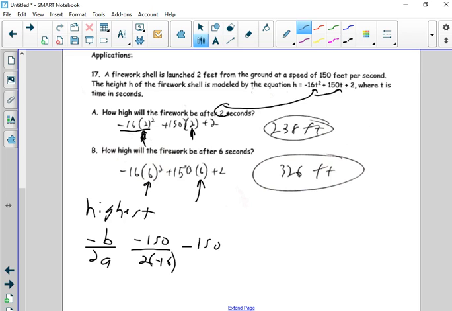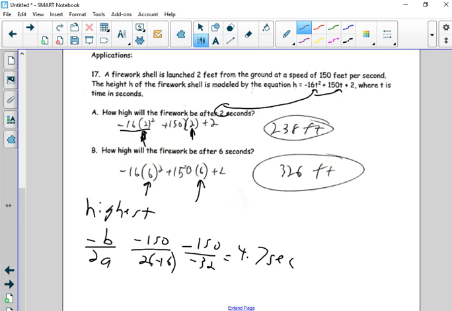That's negative 150 over negative 32. We take our handy dandy calculator and do 150 divided by 32. And we get about 4.7 seconds. Okay? So that's when it will be at its highest point.